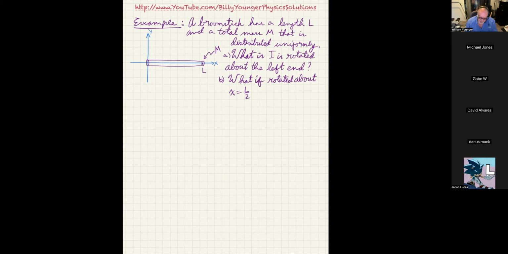So what we're saying here is in part A, we're using a rotation axis that is the y-axis. And in part B, this is the rotation axis.